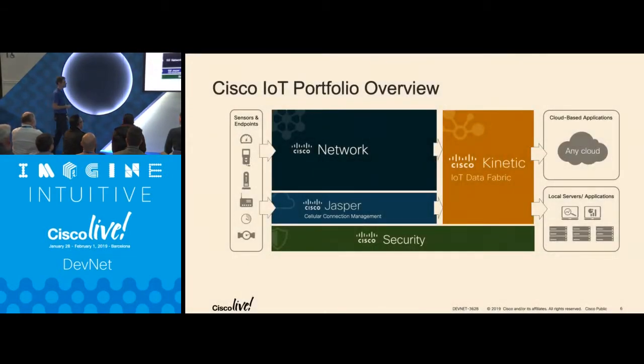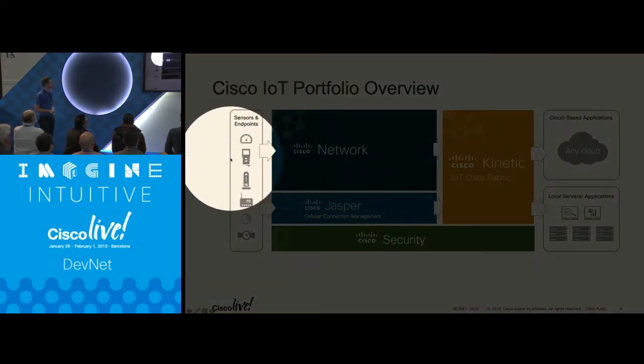So that's really what I mean here. We really rely on partners and customers to build a solution based on Kinetic. And that's why the Kinetic sessions are typically not breakout sessions, but are mostly in the DevNet zone. Because DevNet means you've got to do something with it. It's not plug and play. All right? I hope that makes sense. If not, let me know.